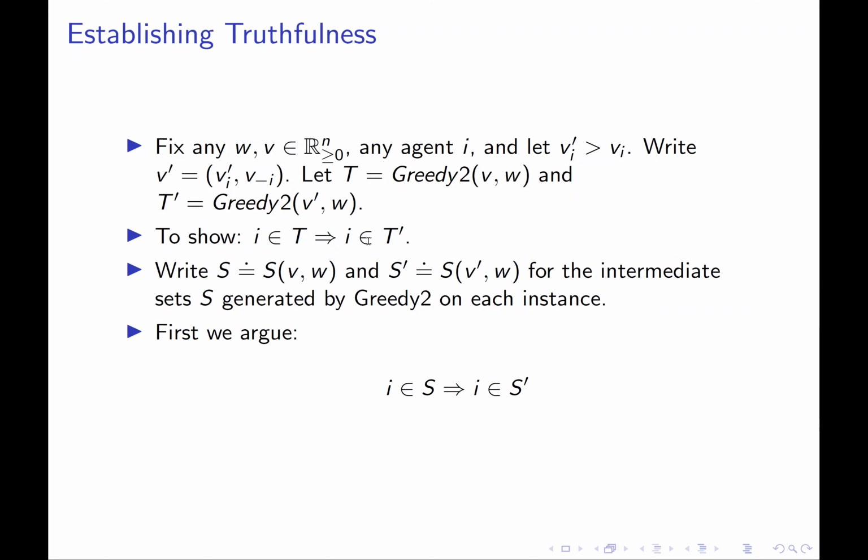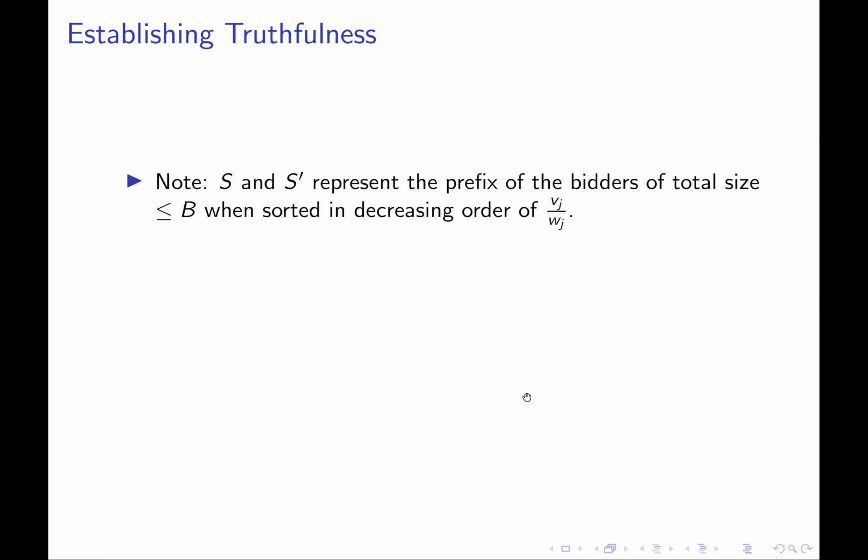And first, I want to observe that if bidder I is in this set S, then he's also in this set S prime. And this is easy to see, because note that these sets S were constructed greedily by just sorting the bidders in descending order of their value density and picking the largest prefix of bidders whose total size was less than the budget. And note, by misreporting your value upwards, the only thing you're doing is increasing your value density. And so you're only moving yourself forwards in this sorted order.